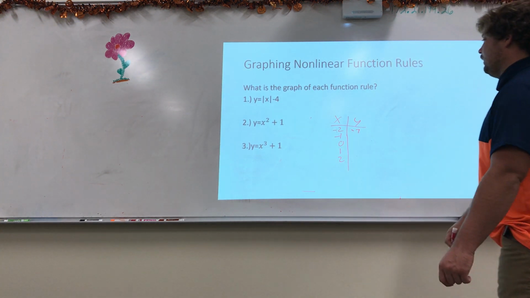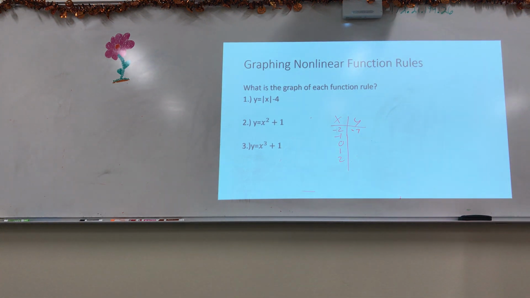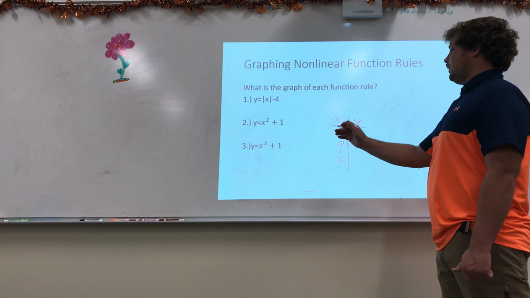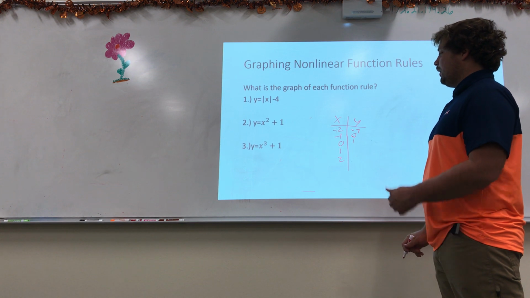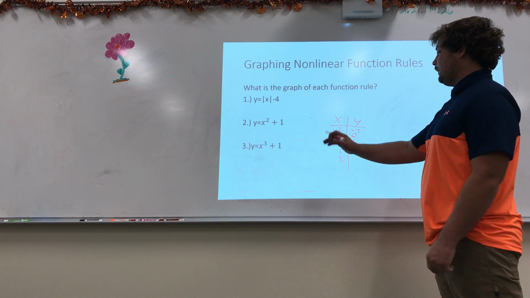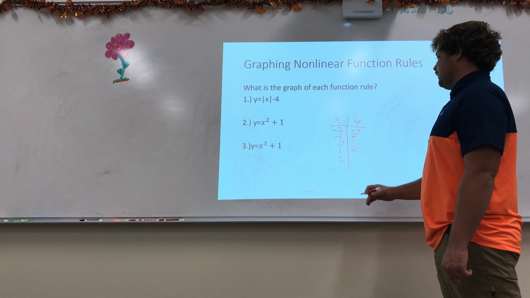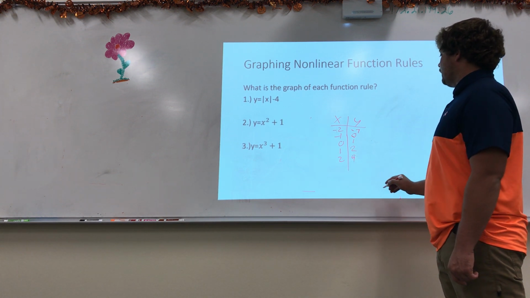Put a -1 then there. I'm going to end up with -1, plus that 1, I get 0. Put in 0 in there, I'm going to get 1. Put in 1 in there, I'm going to get 2. Put 2 in there, I'm going to get 8, I'm going to get 9.